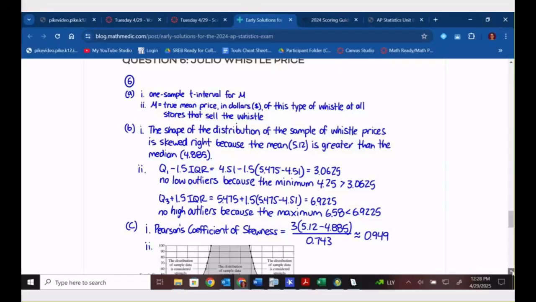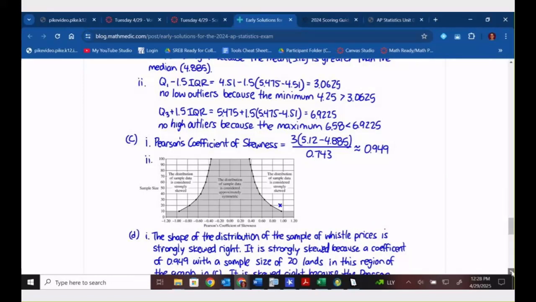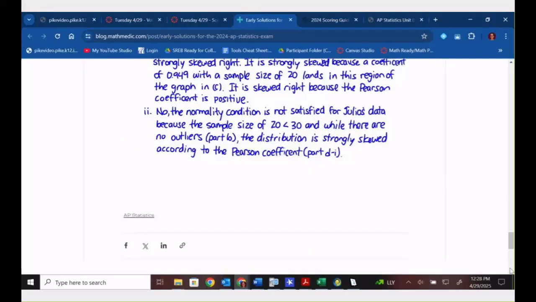Q3 plus 1.5 times the IQR, so they show that work here. We get 6.9225. There are no high outliers because the maximum, 6.58, is smaller than the threshold for a large outlier. And then part CI, show the work for Pearson's coefficient of skewness.